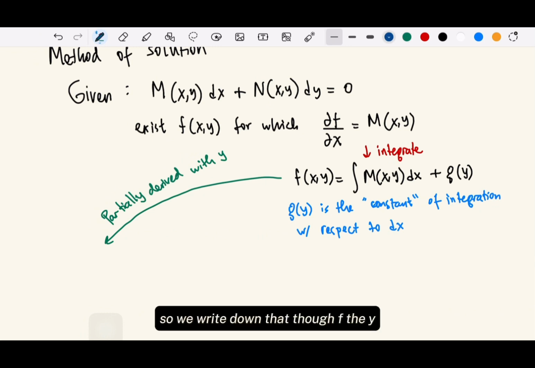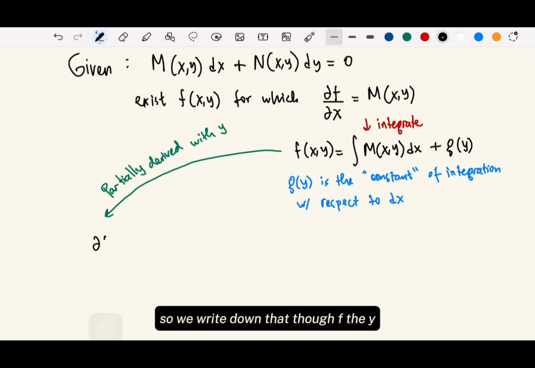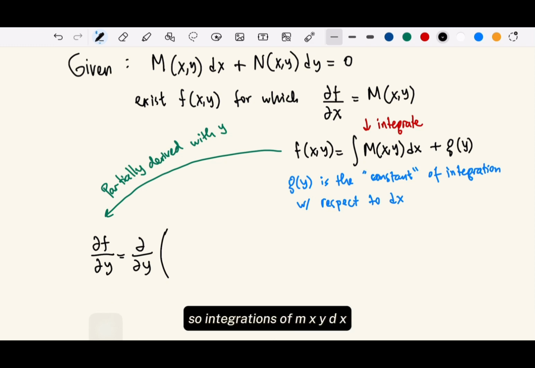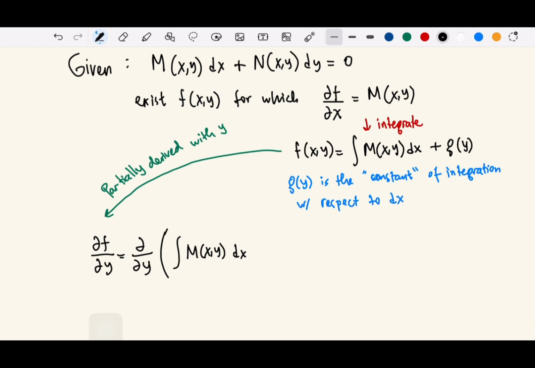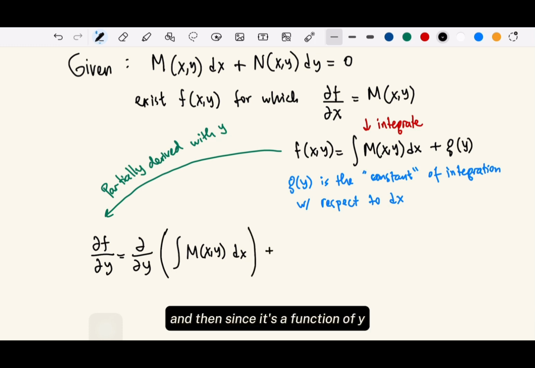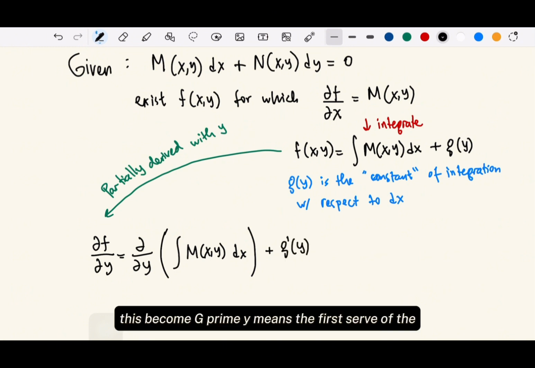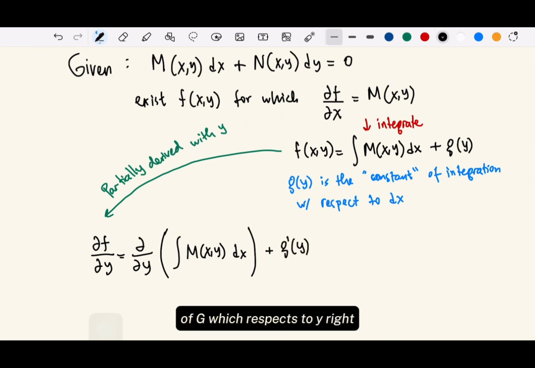So we write down that dou f dou y means we are going to partially derive all that, so the integration of M(x,y) dx, and then since it's a function of y, this becomes g prime of y. It means the first derivative of g with respect to y, right? And then remember, these terms mean our N, right? So this will equal N.